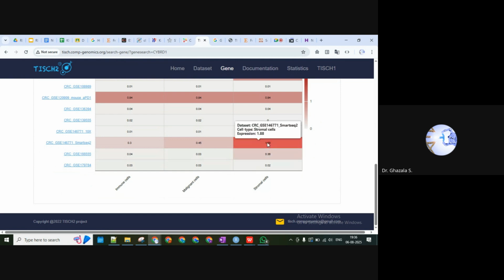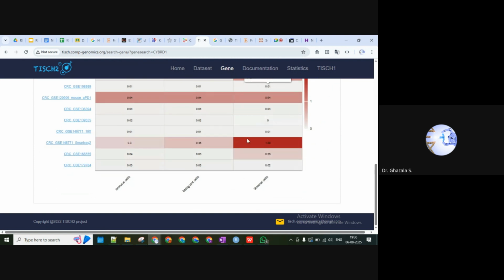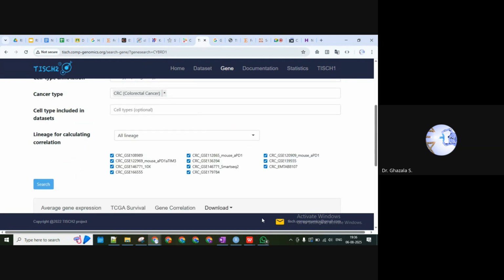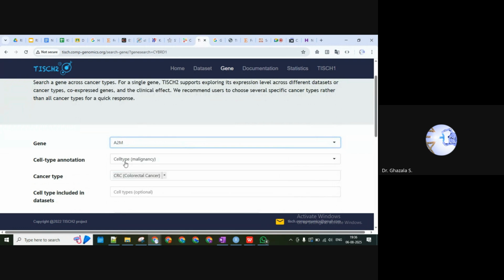So we can say that the gene is highly associated with the stromal cell type microenvironment.